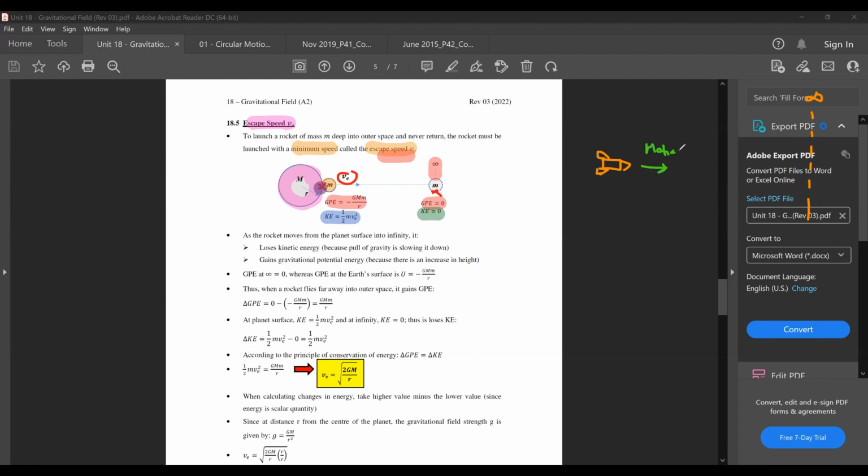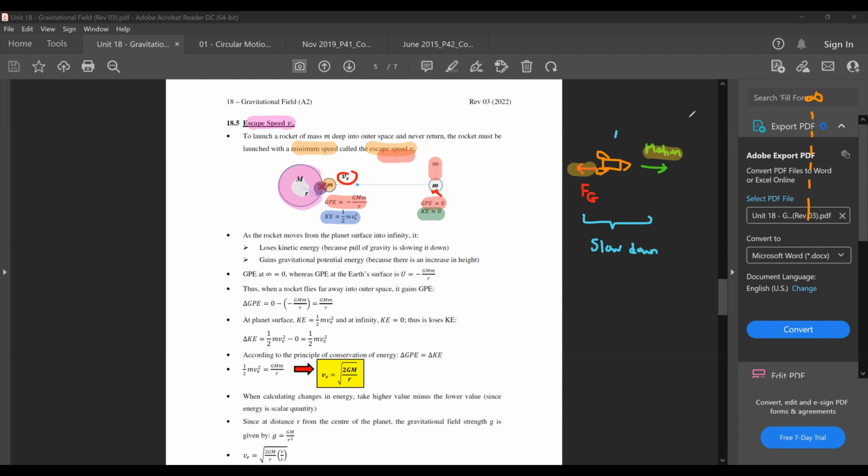Okay, this is your direction of motion, but you are still under the influence of your gravitational field. You're still being pulled by gravity, where gravity is pulling you in this direction. Okay, so if you consider this, your motion is towards the right, but your gravitational field is towards the left. Your gravitational force towards the left is in the opposite direction. What this would mean to you is that you would actually start to slow down, okay?